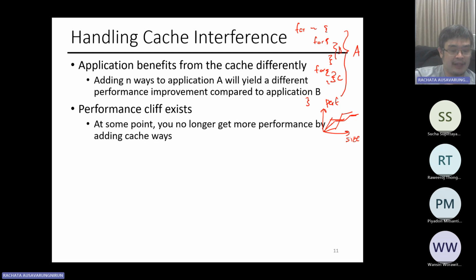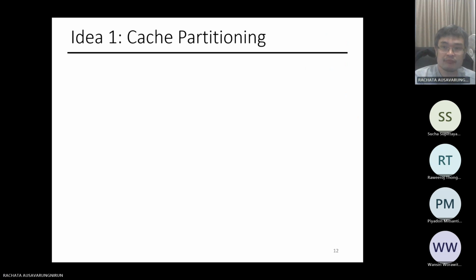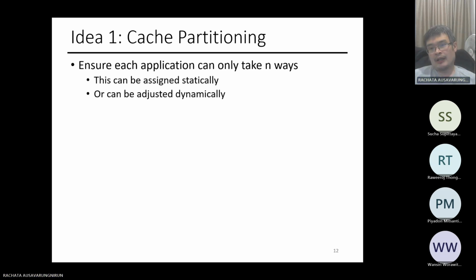So basically these performance cliffs are important because we need to figure out how much cache we give to each application. So how do we give the cache? One of the ideas is called partitioning. Let's say I have a 16-way cache, so each cache set can have 16 different blocks. It means that I can say application A will be able to allocate 4 blocks in the cache.